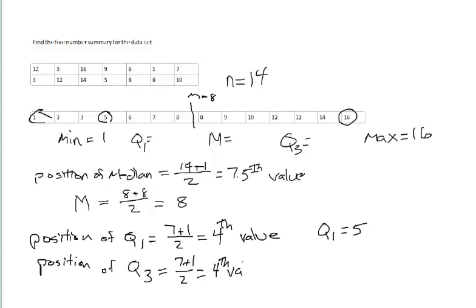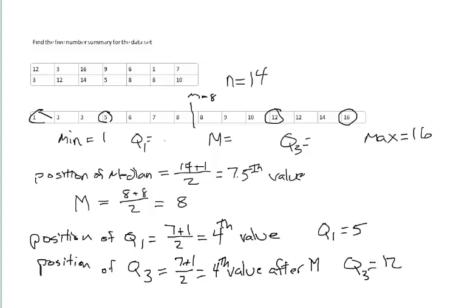And remember, when you're doing Q3, it's the 4th value after M. So if we go to our M and then we count 4 values, 1, 2, 3, 4, we can see that this first 12 is our Q3. So Q3 is equal to 12.